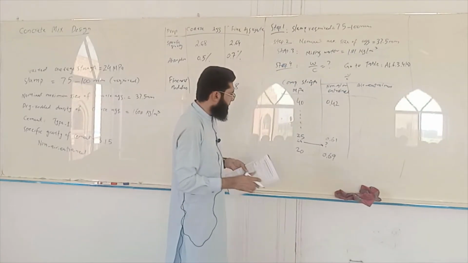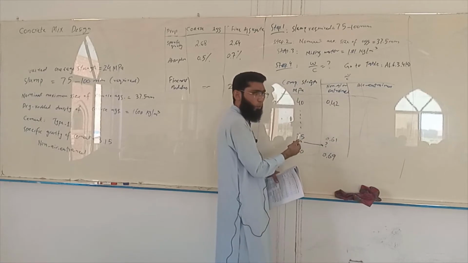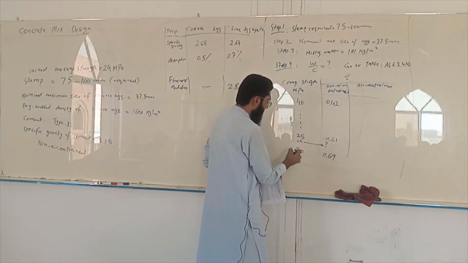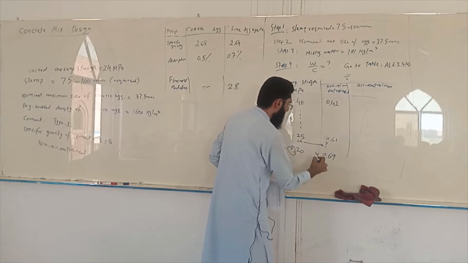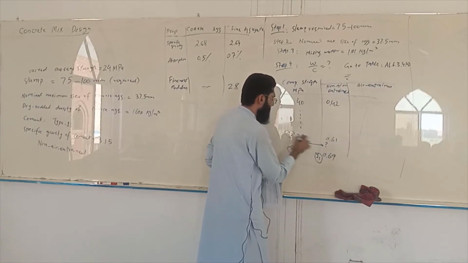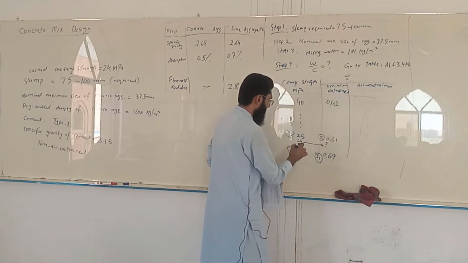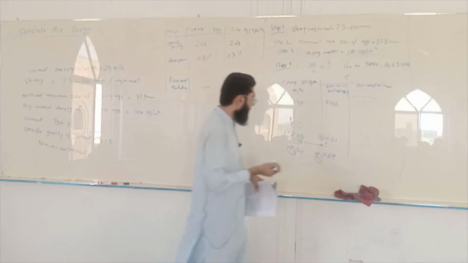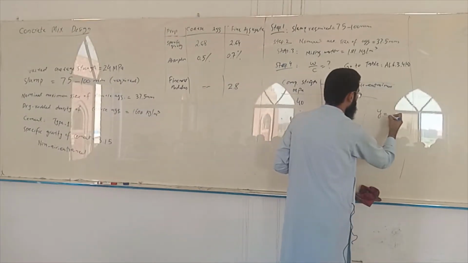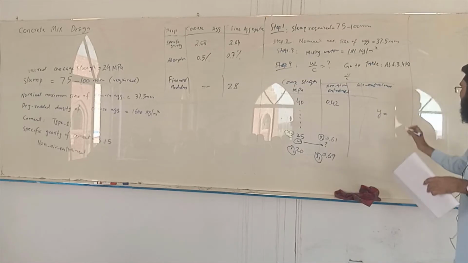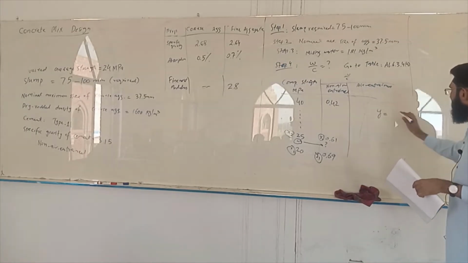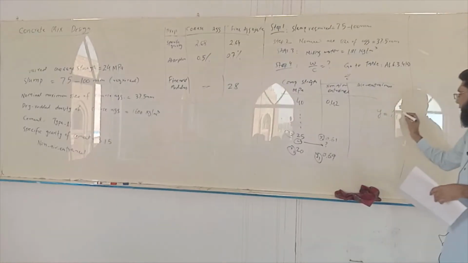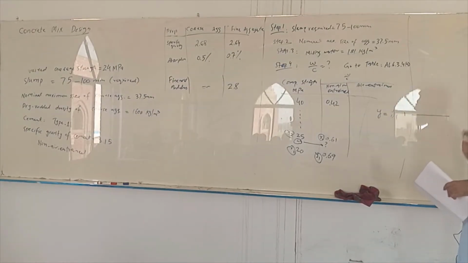If you want to go with the X and Y symbols, you can say, for example, this is my X1, and this is my Y1, and this is my X2, and this is my Y2, and this is the X for which I need my Y. So Y is equal to the previous value of Y, which is Y1, plus the slope.